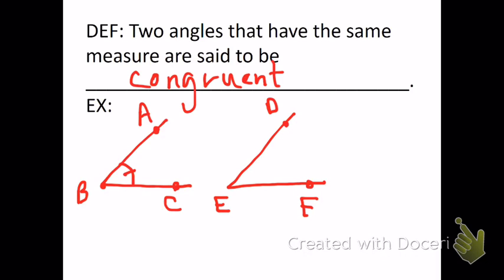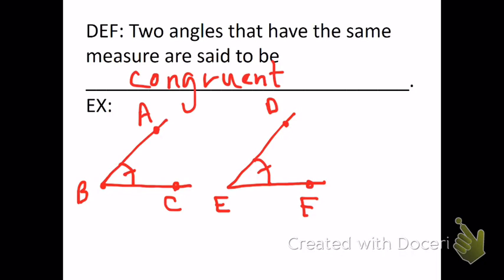ABC is congruent to DEF. We mark that with an arc with a tick mark in the angle, or 2 tick marks, however many, just as long as they're the same number of tick marks. That's how you would show they're congruent.